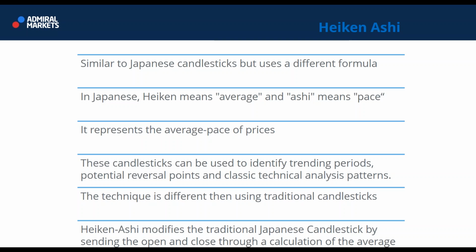If you're a fan of Renko, you can combine Heiken Ashi with Renko. If you're a fan of Japanese candlesticks, you can put it instead of Japanese candlesticks. If you're a fan of range bars, you can also mix Heiken Ashi with range bars. Those features are very useful, especially for something that traders really love to use.